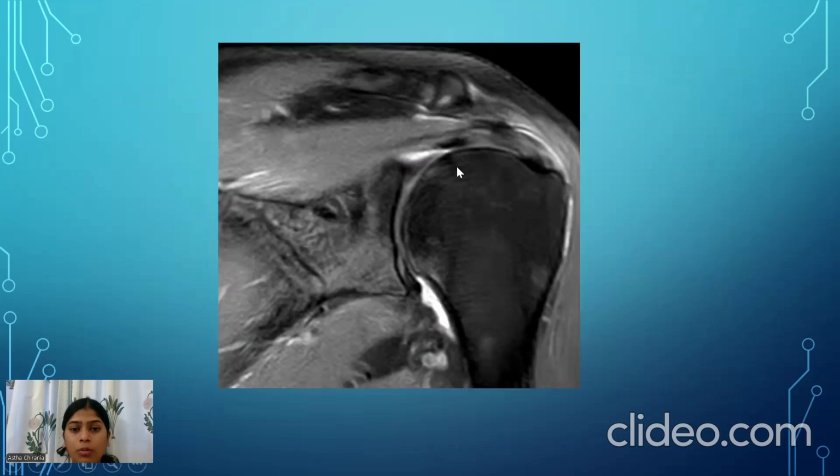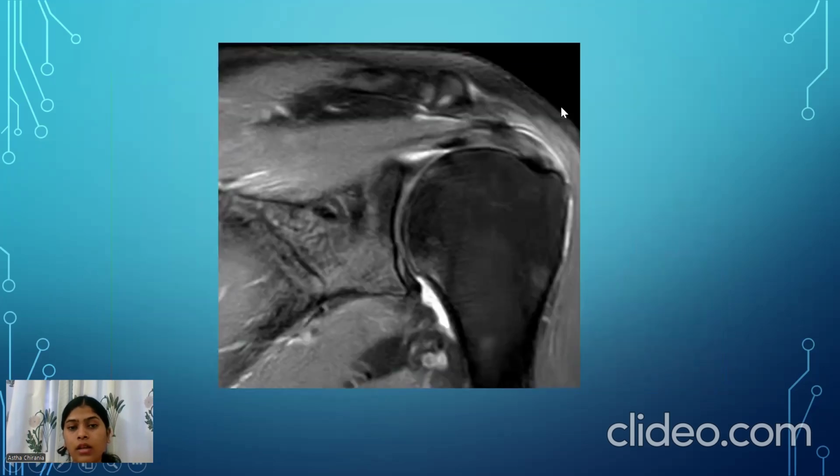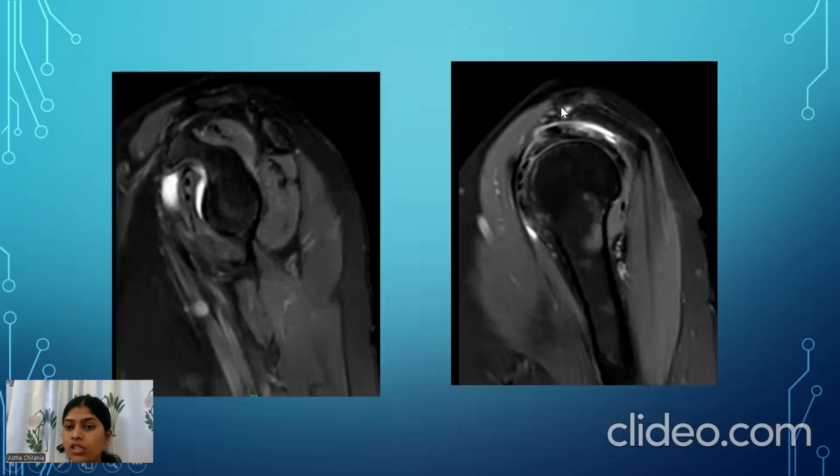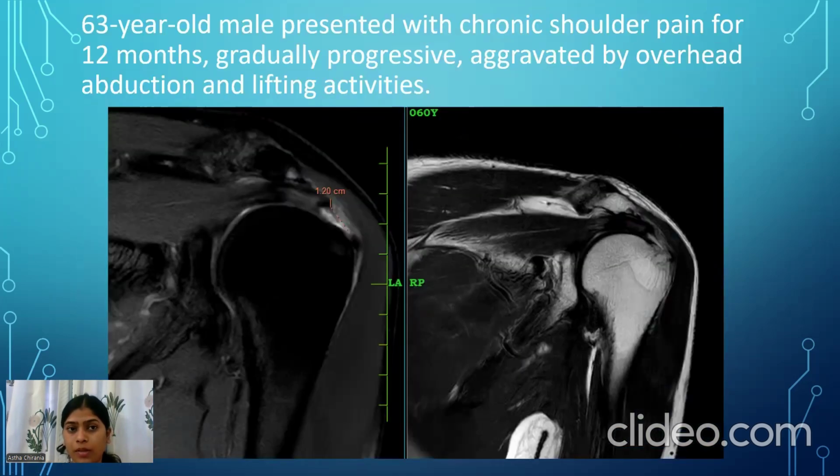Also AC joint arthropathy is seen, and minimal joint fluid is seen in the subcoracoid and subscapular recess. Also type 1 acromion was seen. Thus, this was a case of reverse PASTA lesion with mild adhesive capsulitis and AC joint arthropathy.